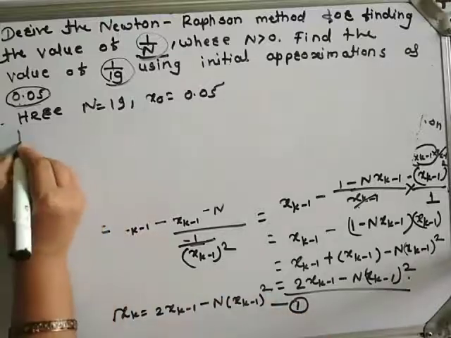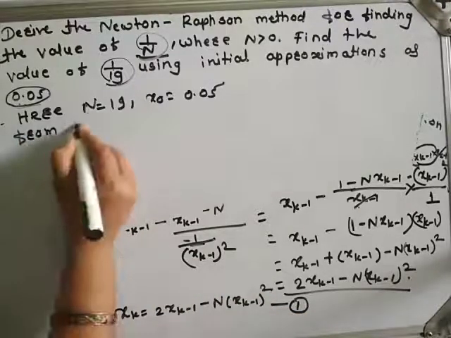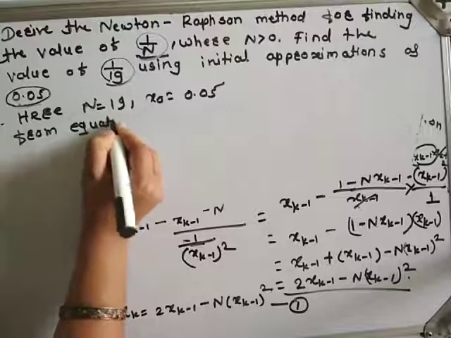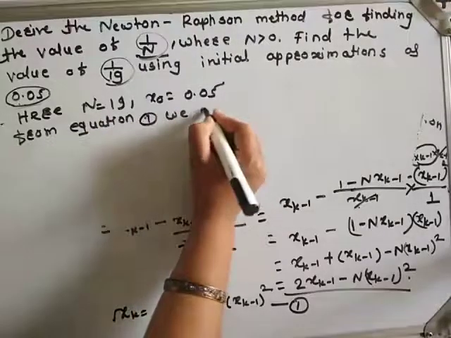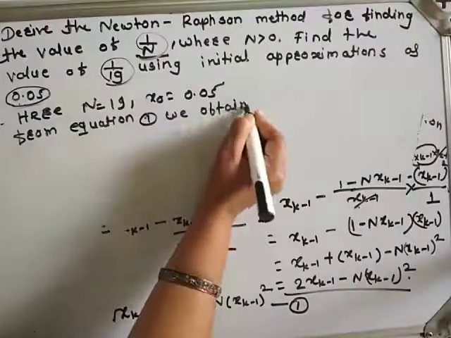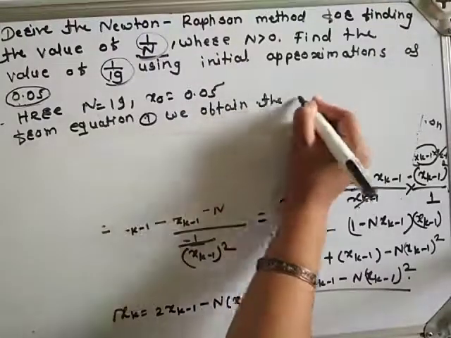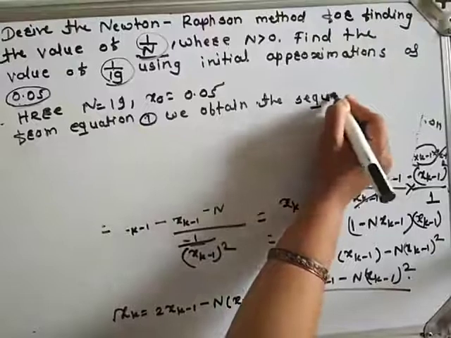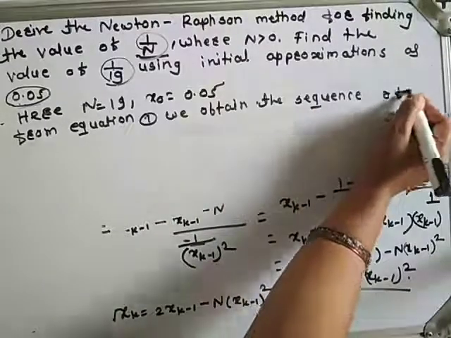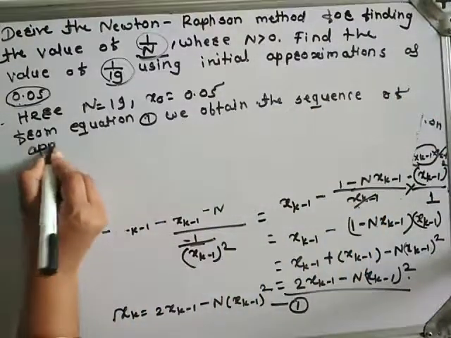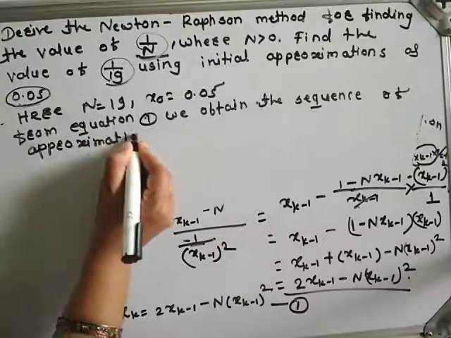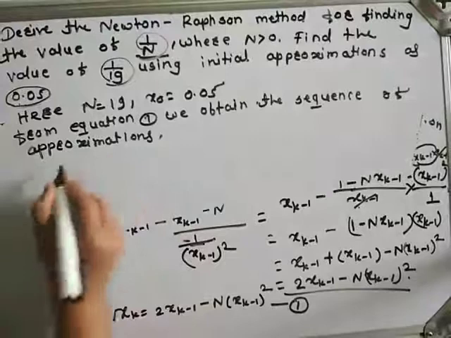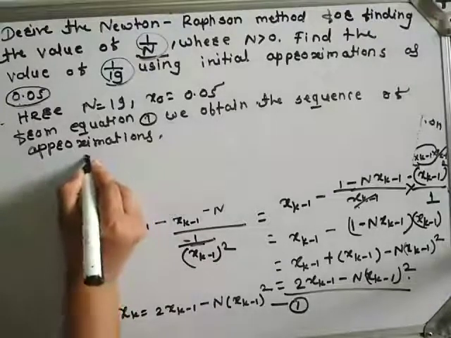From equation 1, we obtain the sequence of approximation, where k runs from 1.